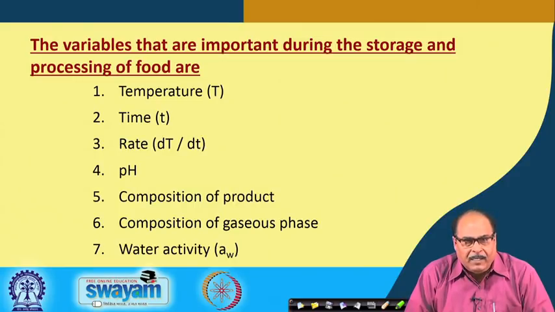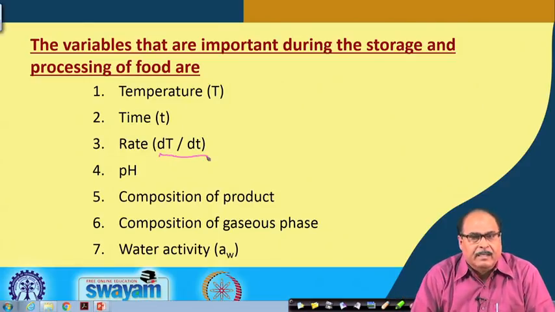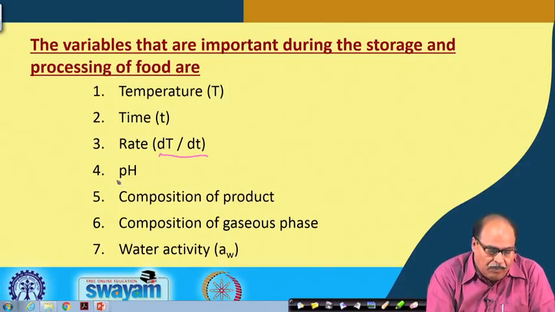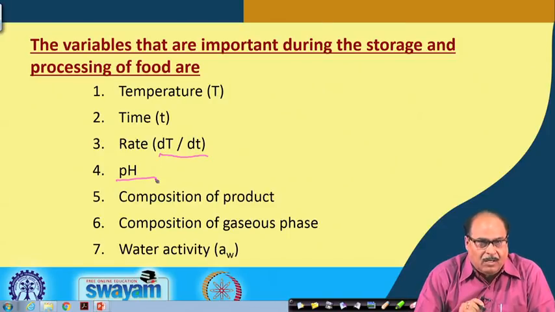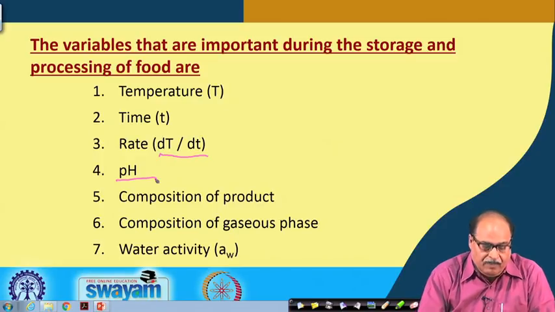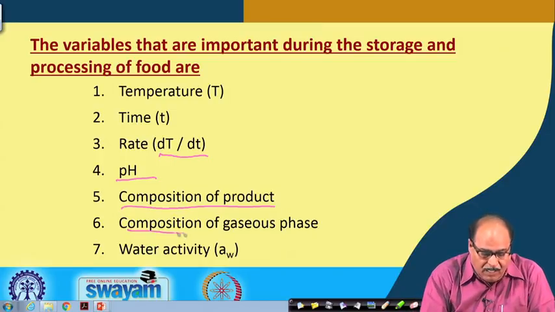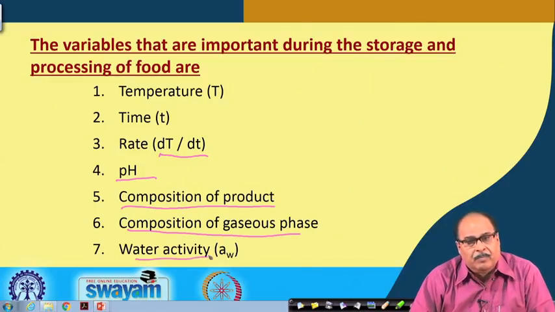So, the important variables include temperature, time, rate, which you can see here as dT by dt, where T is the temperature and small t is the time. Apart from these, the other components are the pH of the material, the pH of the ingredients which are used, composition of the product, composition of the gaseous phase, and last but not the least, water activity.